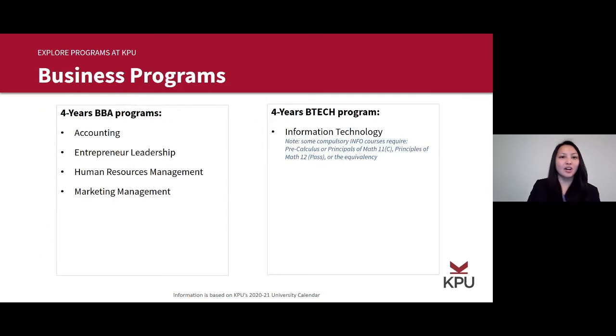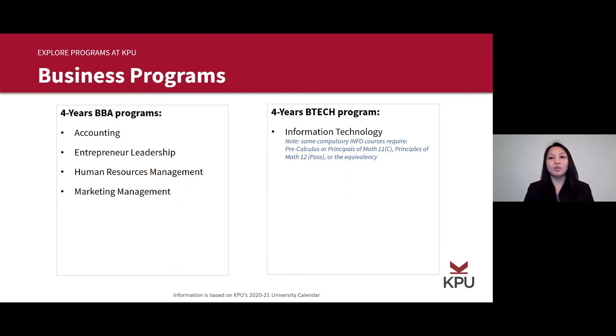Okay, so let's start with the business programs. We have programs that are 4 years, 2 years, and 1 year. For 4 years, we have the BBA programs with the discipline in accounting, entrepreneurial leadership, human resources management, and marketing management. We also have the 4-year Bachelor of Technology program in IT, which will require students to have some math prerequisites in order to take some of the info courses.